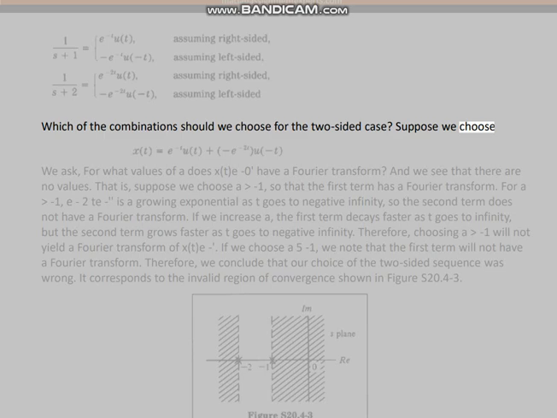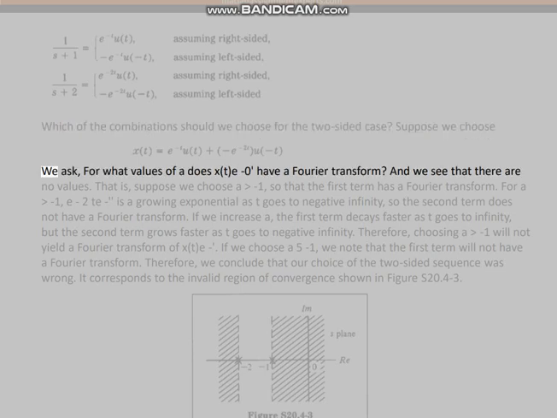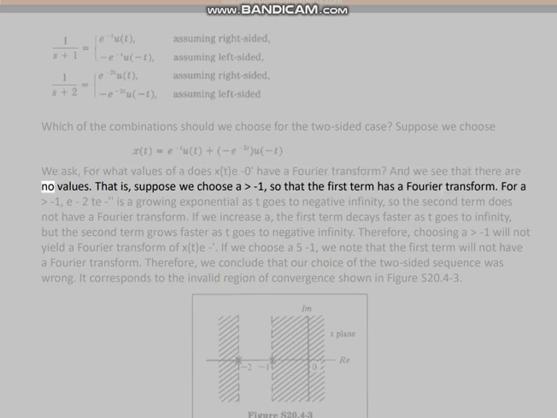Suppose we choose one. We ask, for what values of a does x(t) have a Fourier transform? And we see that there are no values. That is, suppose we choose a equals 1, so that the first term has a Fourier transform.